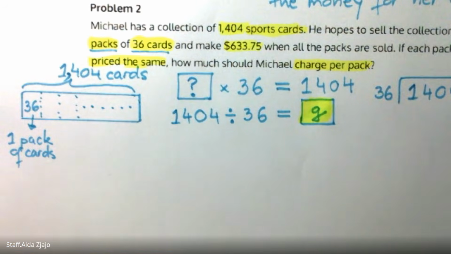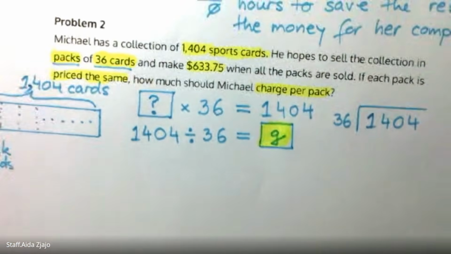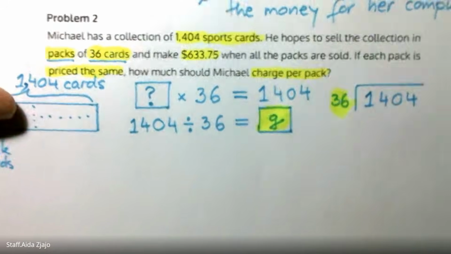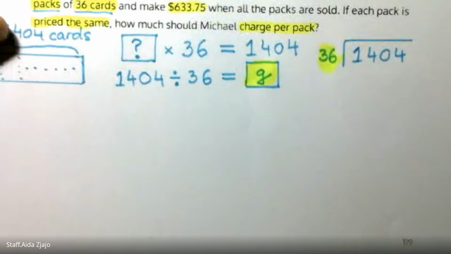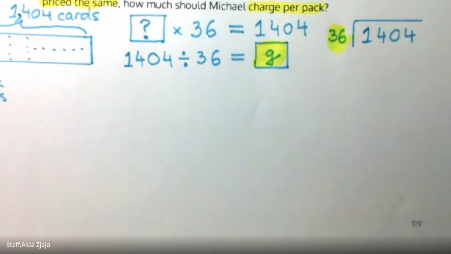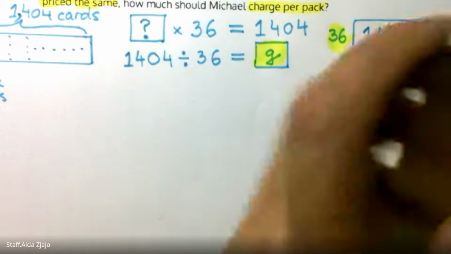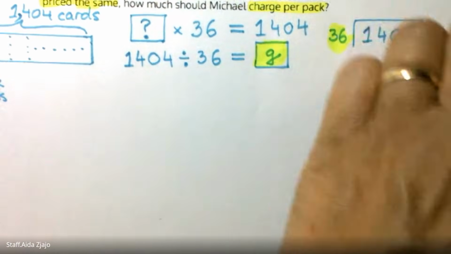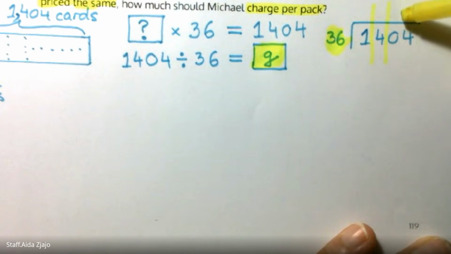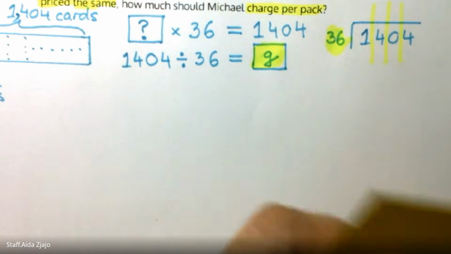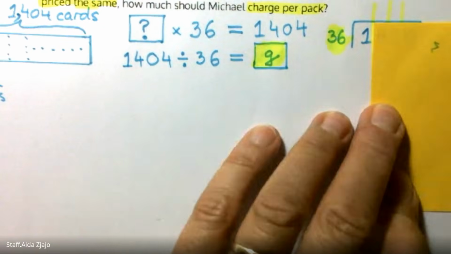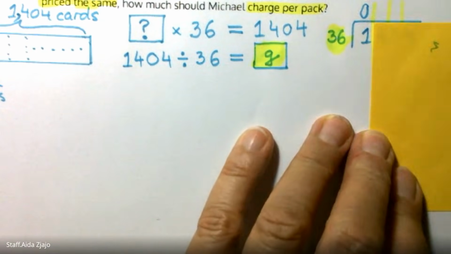So when I'm thinking about the group to be 36, I can estimate this to be 40 because it's really close to 40. Then I can think, if I have 1,000, I cannot share equally into groups of 36,000, so I can make 0 groups.